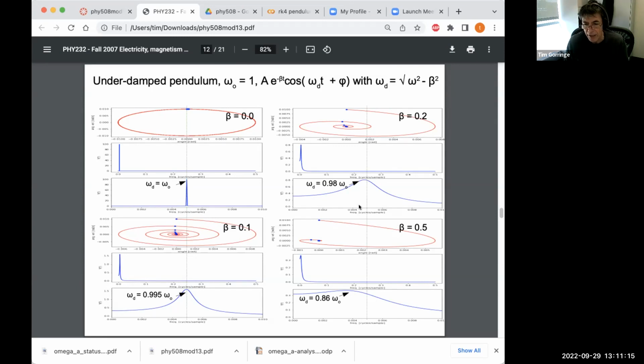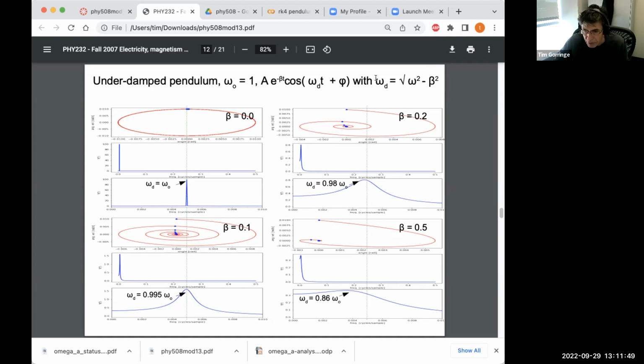So what do we expect as we have a damped pendulum, an underdamped pendulum, where beta is less than omega naught, and we're going to increase the damping? What we expect based on analytical analysis of the damped pendulum is that the frequency of the motion of the pendulum is going to decrease as we increase the damping.